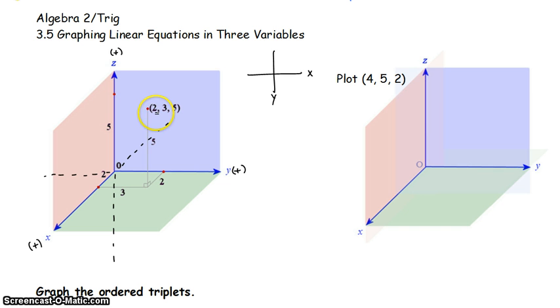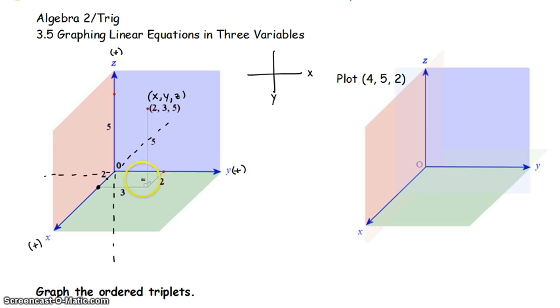If I am plotting the point 2, 3, 5, this is the x, this is the y, that is the z. So if we want to go on the x-axis 2, I start at the origin like always, and I go 1, 2. There's where my x coordinate is going to be. Then I have to move from there to find y is 3.